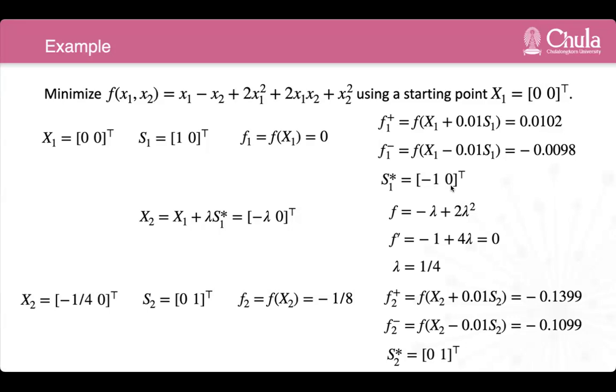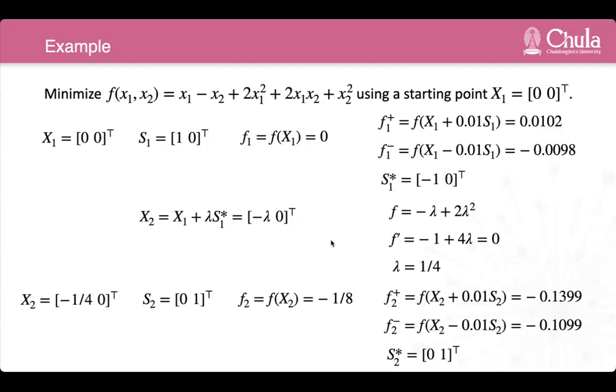Once we apply this direction, minus 1, 0, to our line search pattern, the new x equals the initial x, x1, plus lambda s1 star. And s1 star is minus 1, 0.